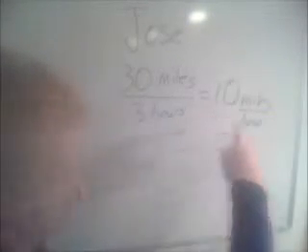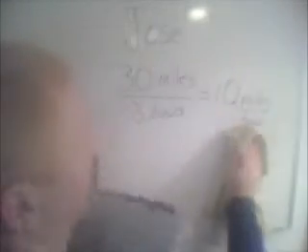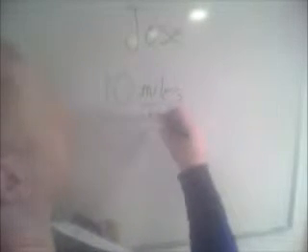Next question. Find the distance each person travels in 7 hours. Well, now we have the rate, don't we? So you can probably even do that in your head. He's going 10 miles per hour for 7 hours.